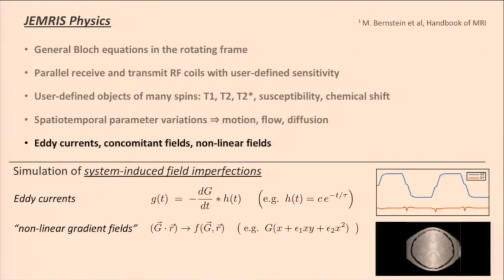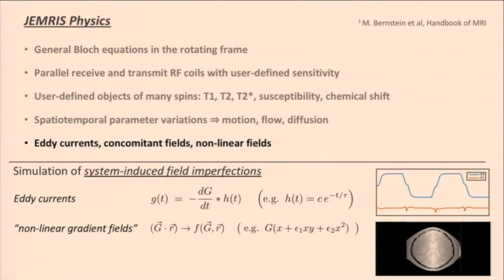But of course, there are also variations which come from the system itself. So for example, eddy currents or any kind of nonlinear encoding fields, as we have them in MRI, are present very often. Especially eddy currents are nasty, especially in diffusion imaging. They can distort the image. Nonlinear gradient fields: you may or may not be aware that each and every MR scanner is not perfectly linear.